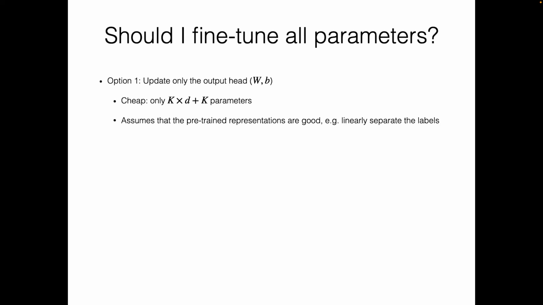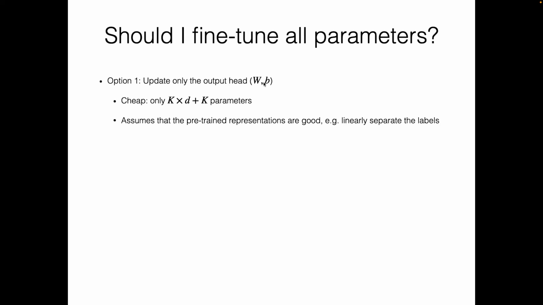Now the issue with this is that if you think about how the model is built, it's basically putting the input through this complex, nonlinear function, which is the transformer. And then right at the end, it's taking this vector and doing a linear transformation. So if we only update the output head, then you're only updating this linear transformation.